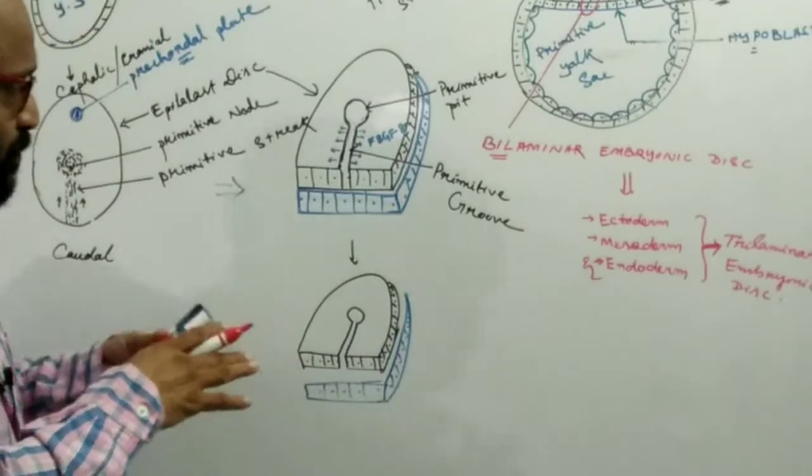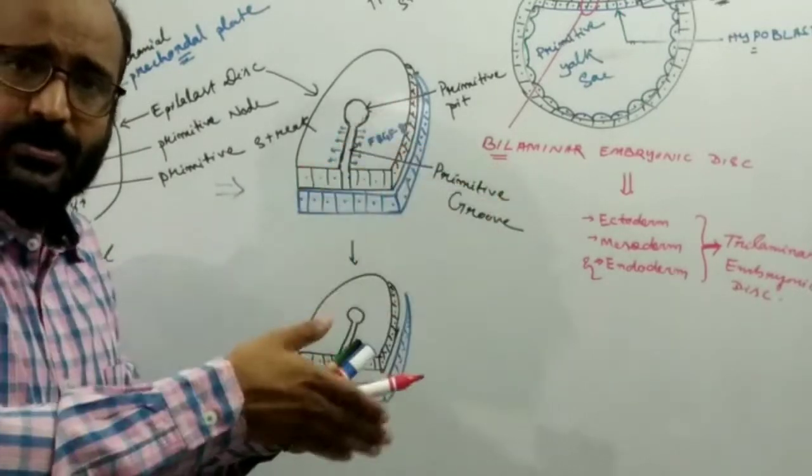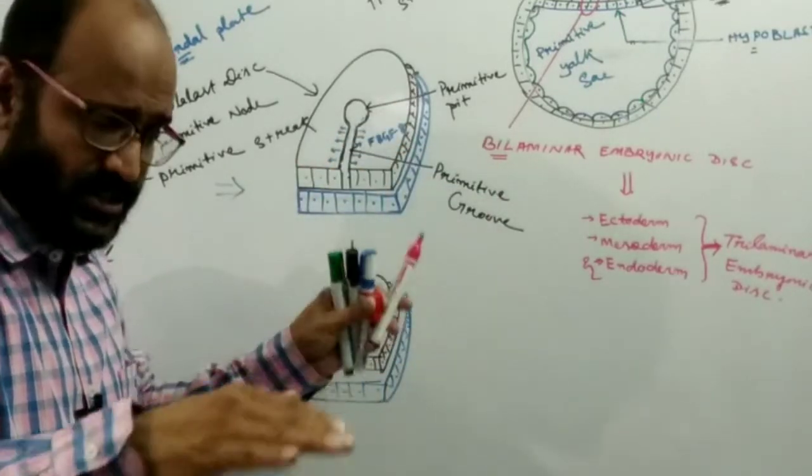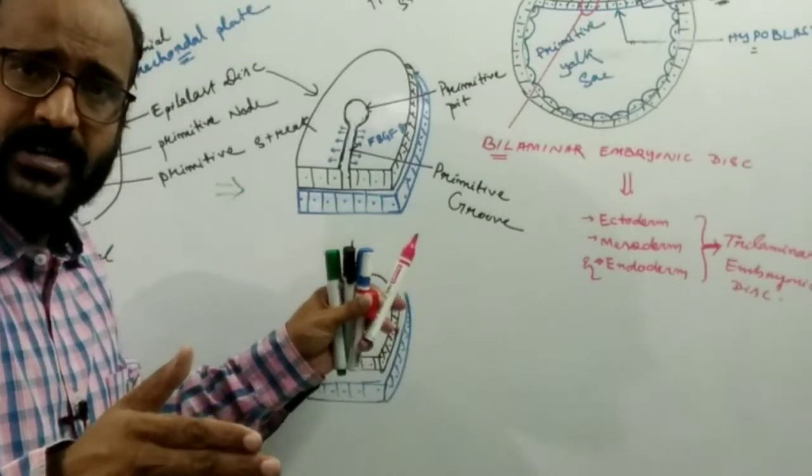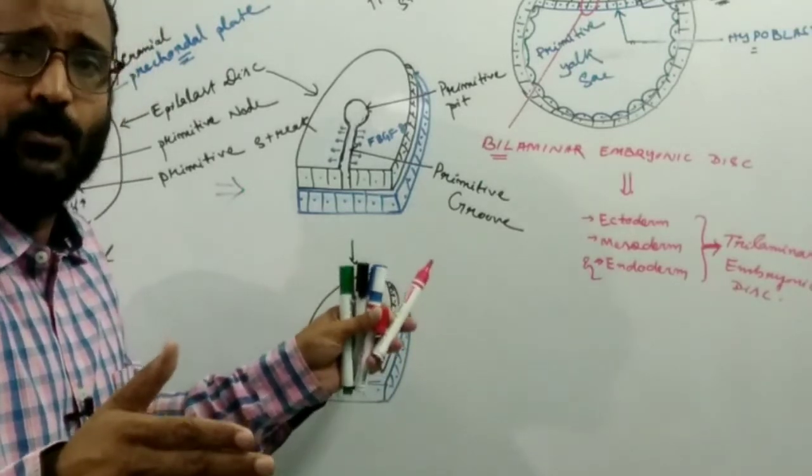Suppose that this is the groove, and this is the edge. At the side of the edge, the cells divide and produce more and more cells.